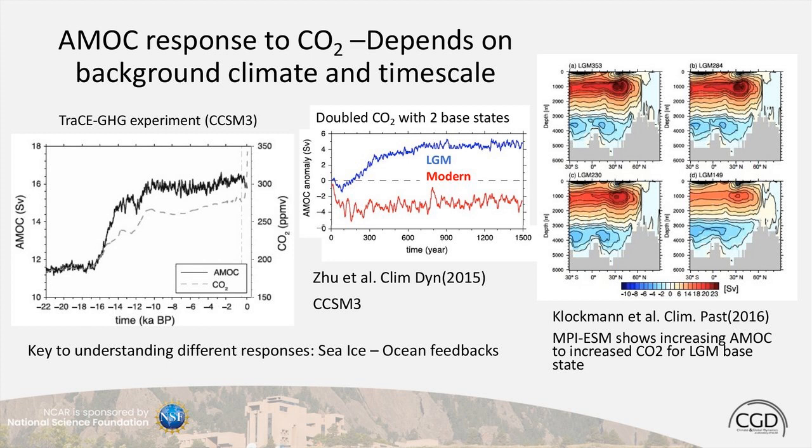And so when you abruptly raise the CO2, the first response you get is that warming response. So the surface density is lightened due to the warming, and sea ice starts melting back out of the region. Eventually, it goes away, and in the freshwater budget of the Nordic seas, where the deep water formation occurs, sea ice melt is no longer in the freshwater budget.